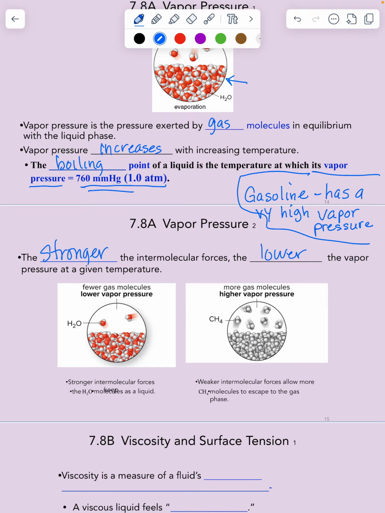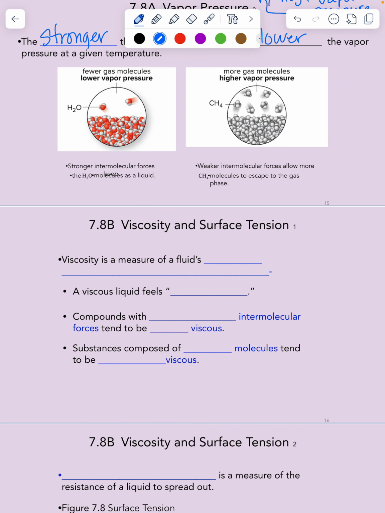A couple of other words that we can use to describe liquids are viscosity and surface tension. So viscosity is a measure of a fluid's resistance to flow. Resistance to flow freely. Honey would be an example. It would have a high viscosity.